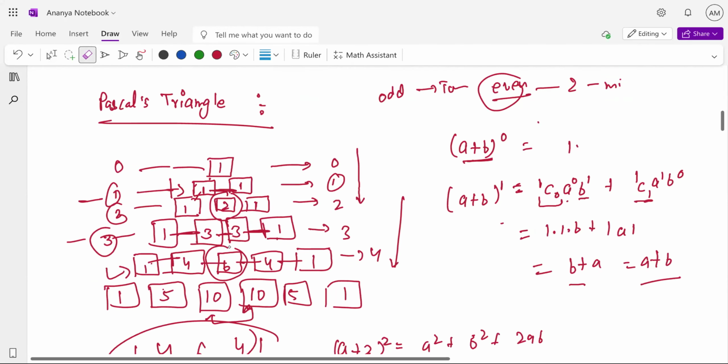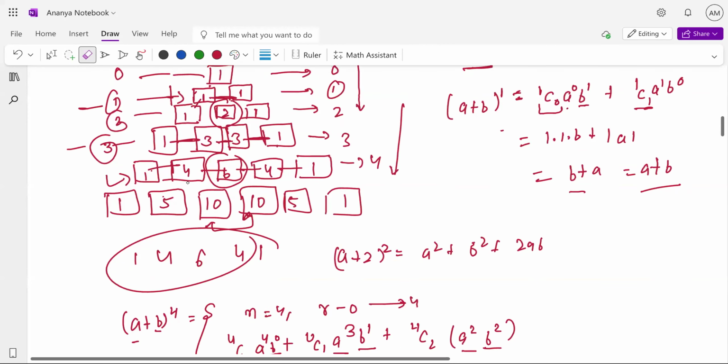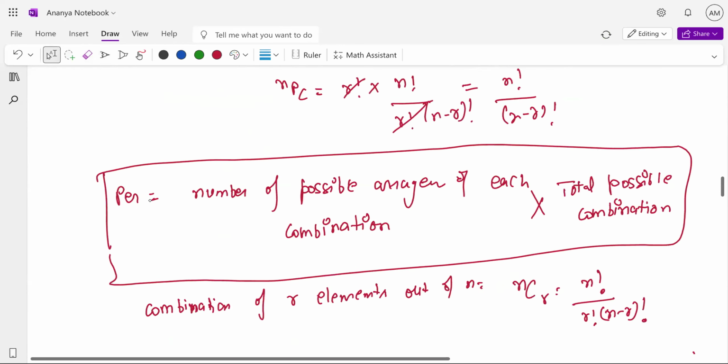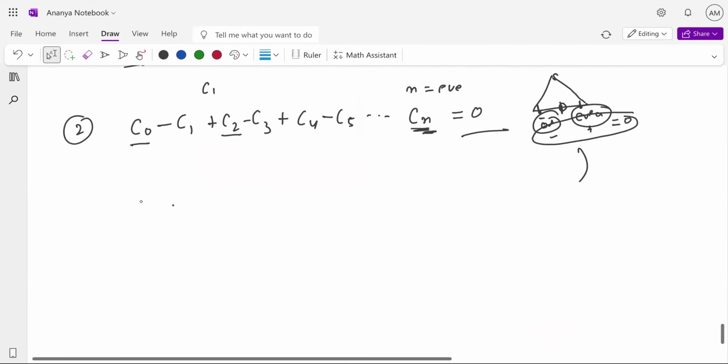Look, which one do you want to take? We'll take power four. Let's go back down somewhere we had space. One, four, six, four, one were there. Negative, positive, negative, positive. What is the net result? Minus three.